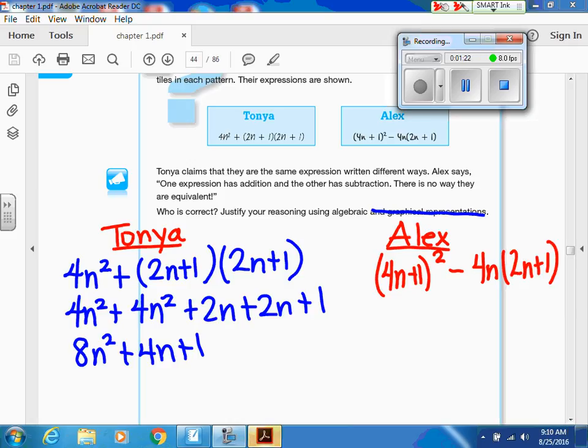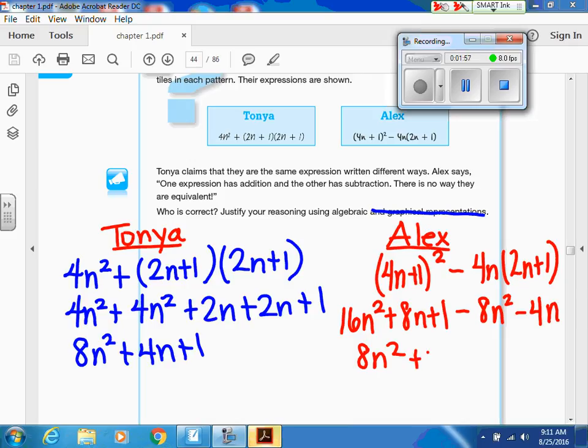Alright, so if I square this, I'm going to get 16n squared plus 8n plus 1 minus 8n squared minus 4n. 16n squared minus 8n squared is 8n squared. 8n minus 4n is 4n, and there's nothing for the 1.